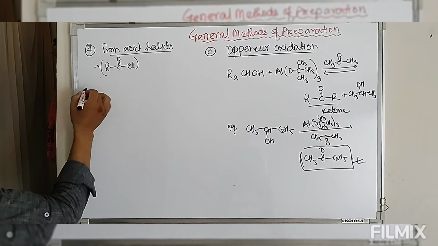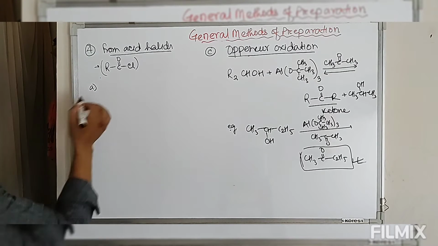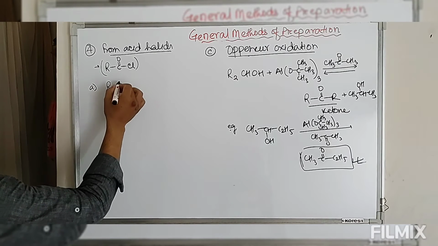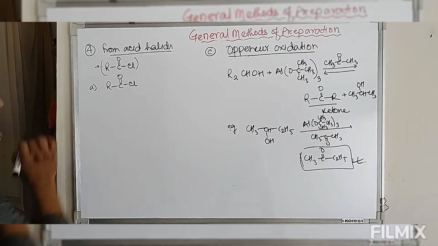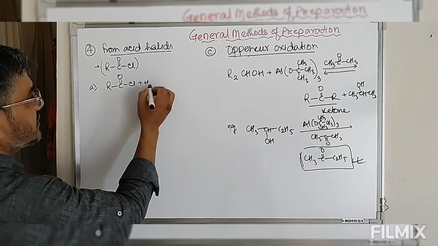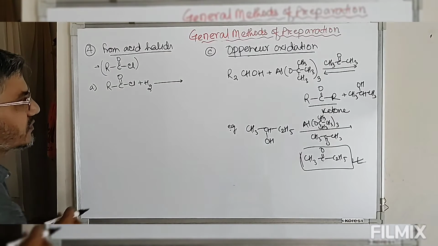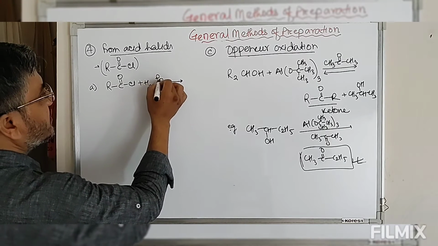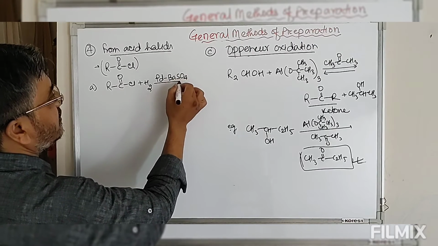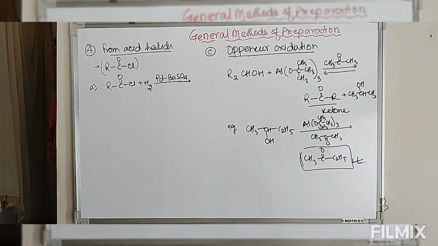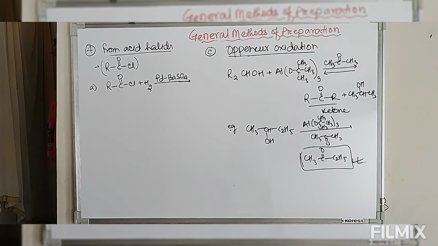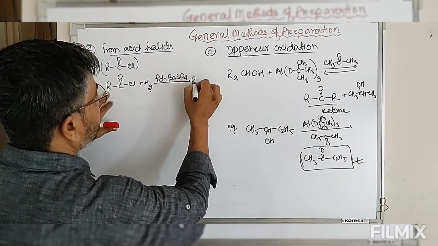Now we take up different reactions here. First, this acid halide, whether aliphatic or aromatic, is made to react with hydrogen in presence of palladium metal supported on barium sulfate, and it is converted into aldehyde.